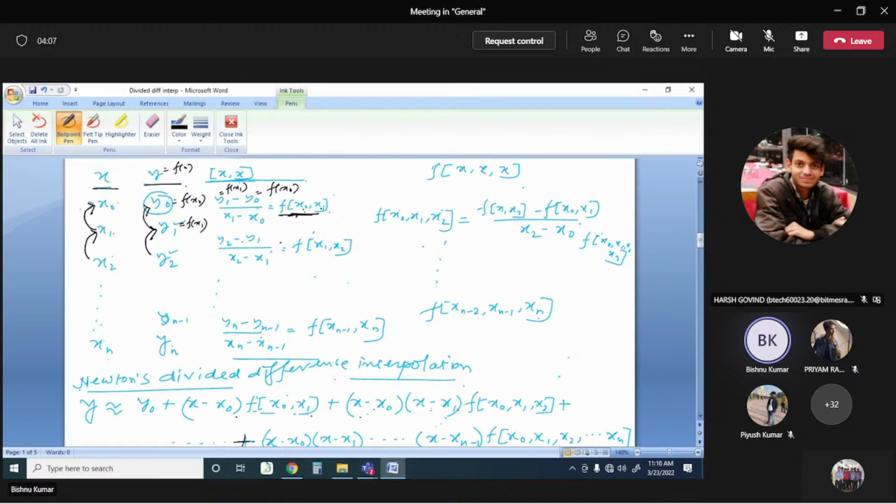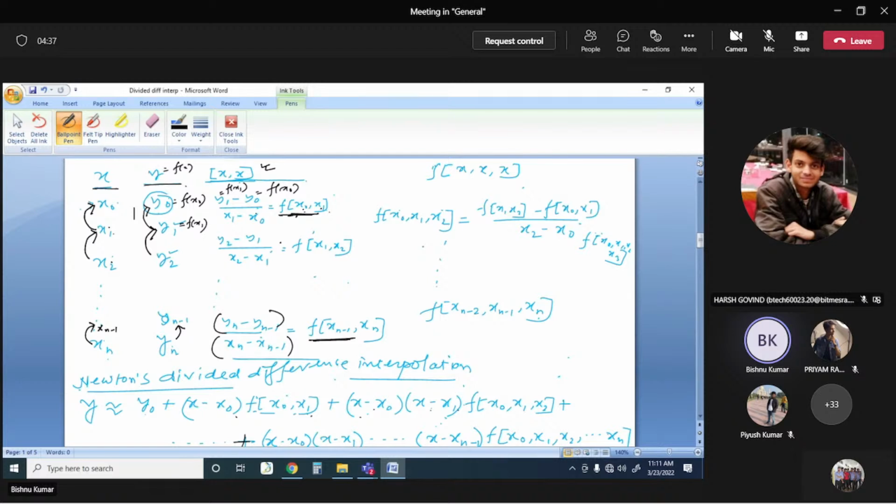Similarly, between arguments xn minus 1 and xn, you can calculate the first divided difference. Subtract yn minus 1 from yn, divide by xn minus xn minus 1. That is the last value of the first divided difference in this column. So you complete the first divided difference column in this way.